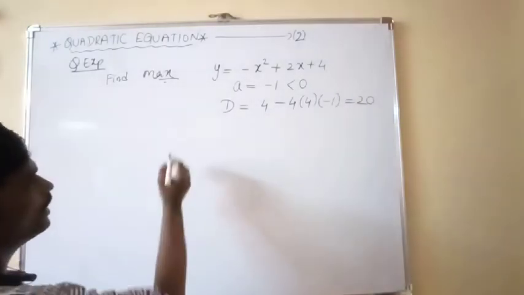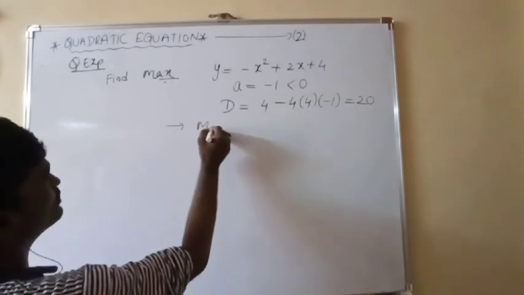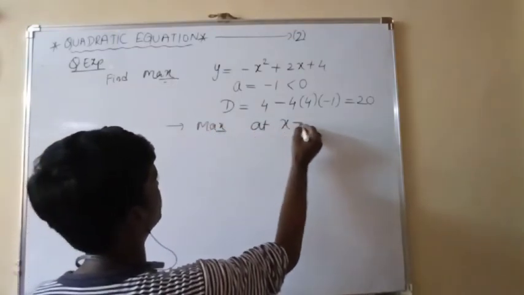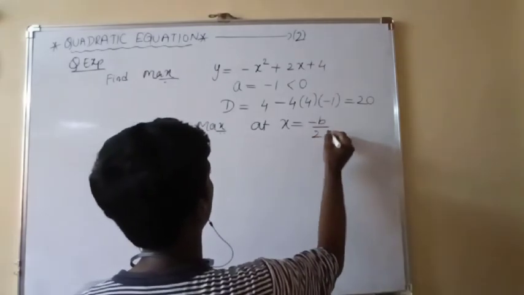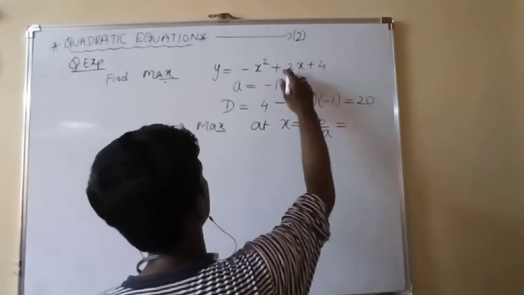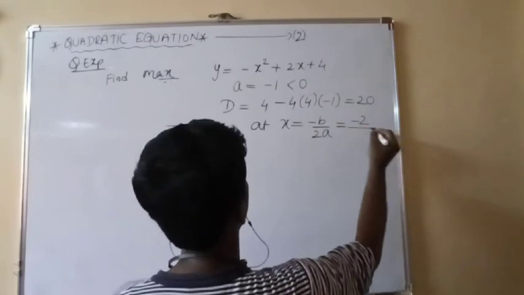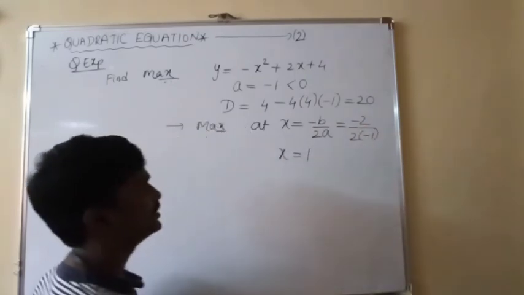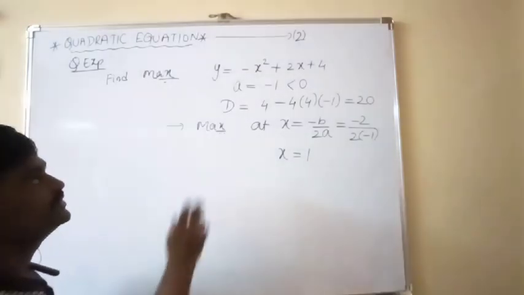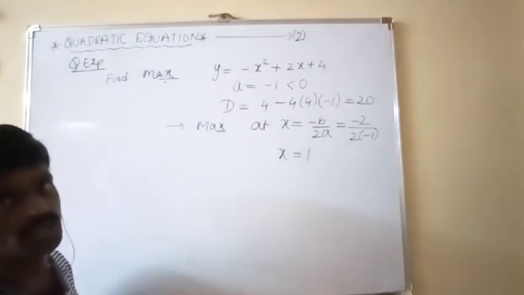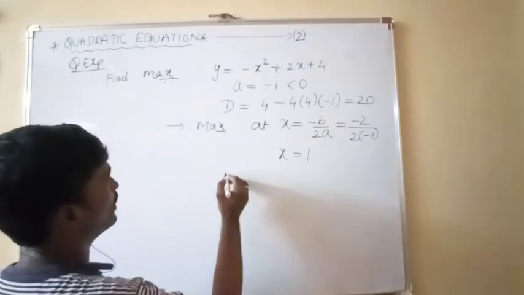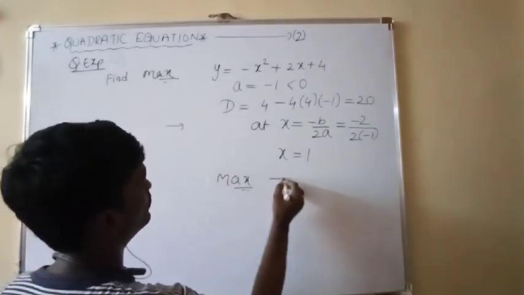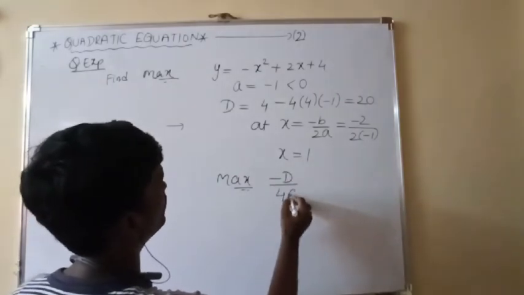20. And it has a maximum value at x equal to minus b by 2a. So minus b is minus 2, divided by 2a, which is 2 into minus 1. So x is equal to 1. At x equal to 1, this quadratic function has a maximum value, and the maximum value is minus d by 4a.